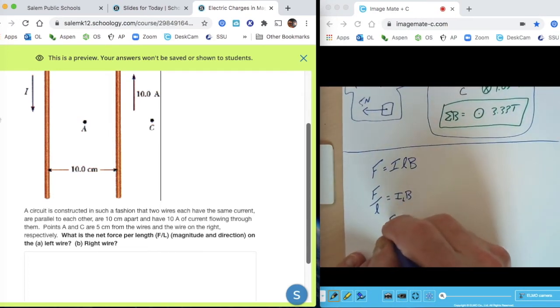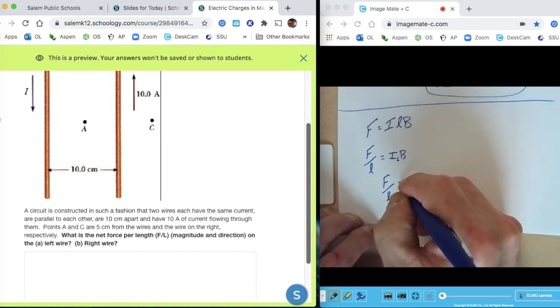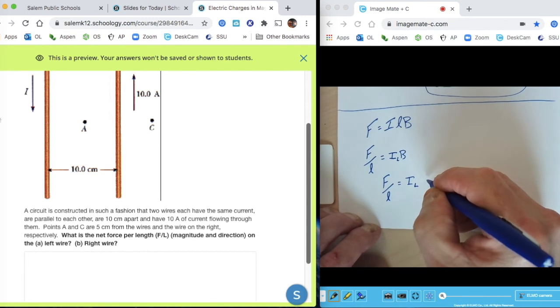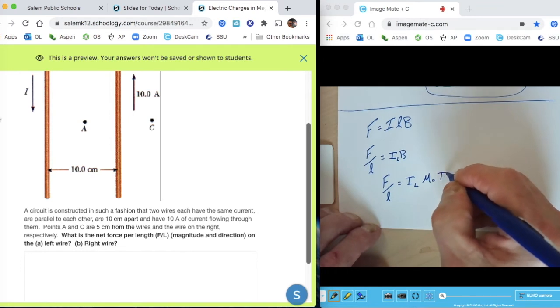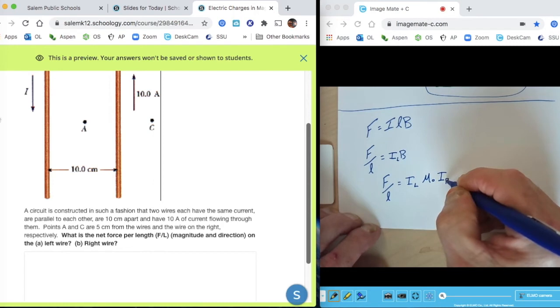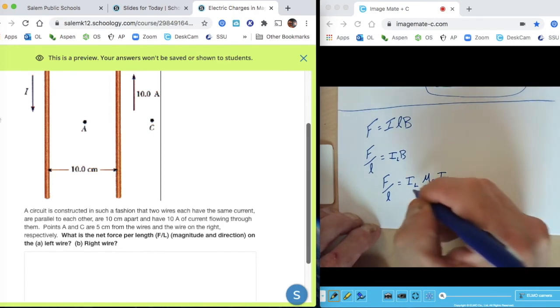So the force per length is the current in the left wire times B created by the other wire, which is mu naught I. Which I? Well, what's this B field created by? By the current in the right wire over 2 pi r.